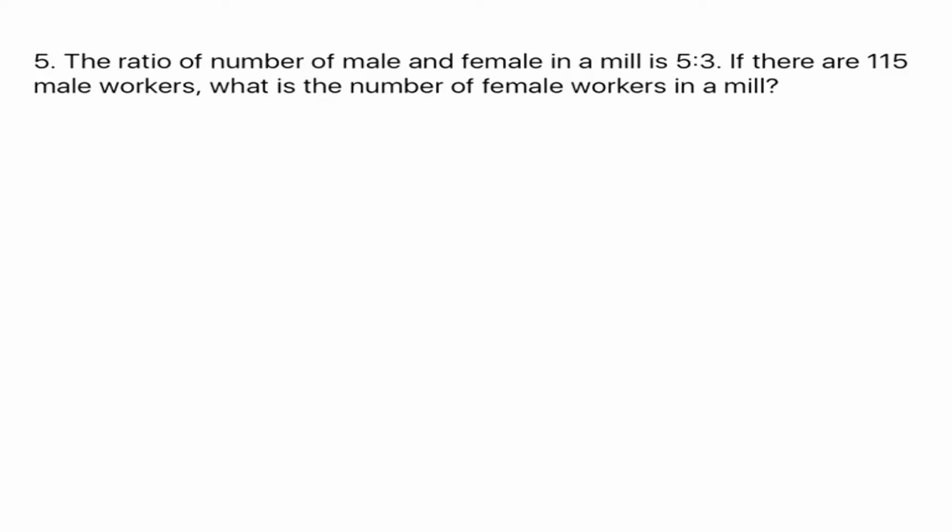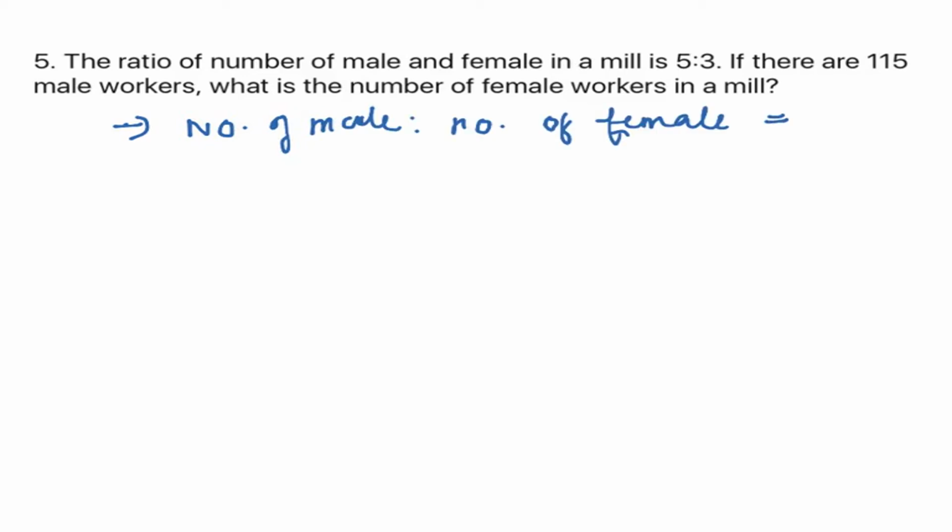So first of all, let's see what we have given, the ratio of number of male to the number of female. They have given 5:3. Now as they are given in the ratio, let us consider x to be the number.